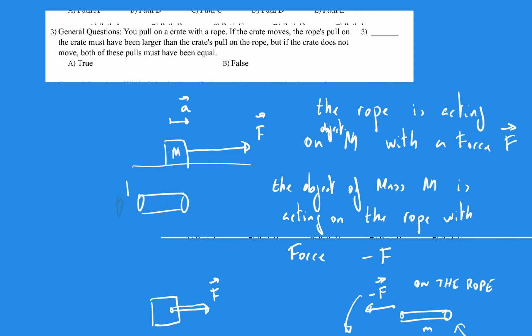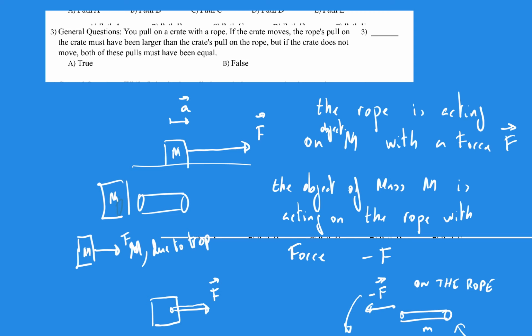The rope is acting on the mass M. So we isolate the mass M and we see that this is the force that the rope is doing on the mass M.